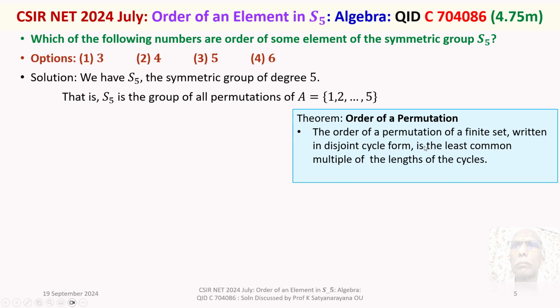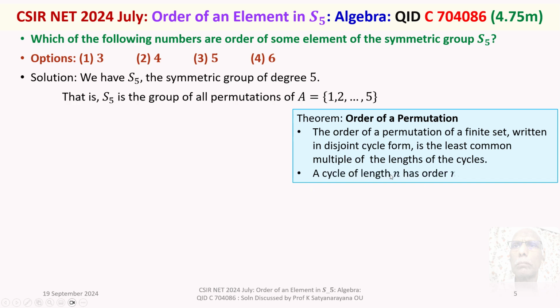Then take the lengths of the cycles and take the LCM of these lengths. That will give you the order of the permutation.